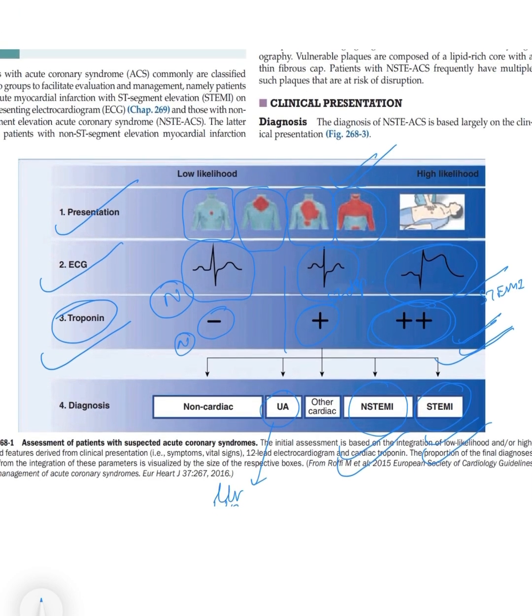Unstable angina is similar to NSTEMI, but the cardiac biomarkers are not elevated. These are basically grouped under ACS, that is acute coronary syndromes. Our topic of discussion as of now is NSTEMI and STEMI, and how you differentiate between these two types.